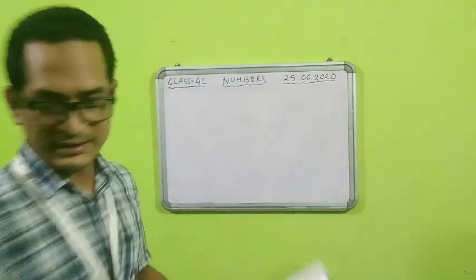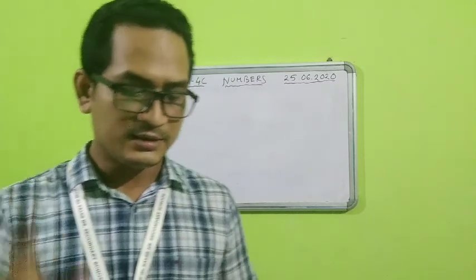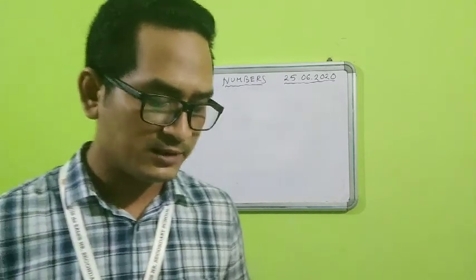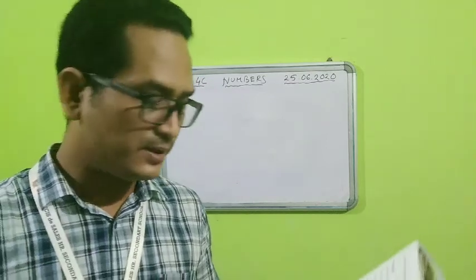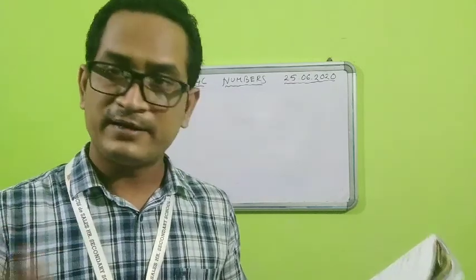Now students, if you see the next questions, 13, 14, 15 and 16 also, these are all similar questions. You read the questions, you will understand. 13 says compare and find the smaller number. That means 2 numbers are given and you need to find the smallest one. 14 also, you need to compare and find the greater one.